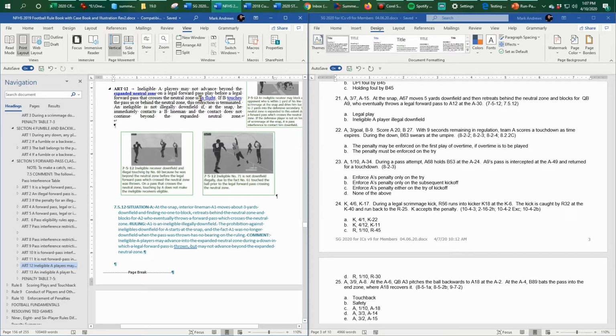So the second the ball leaves the quarterback's hand, that's when we judge whether the lineman is illegally downfield. Notice it has to pass across the neutral zone. So if we have a screen pass behind the neutral zone, then we can have linemen downfield, no problem. Everybody understand that. If B touches the pass in or behind the neutral zone, the restriction is terminated.